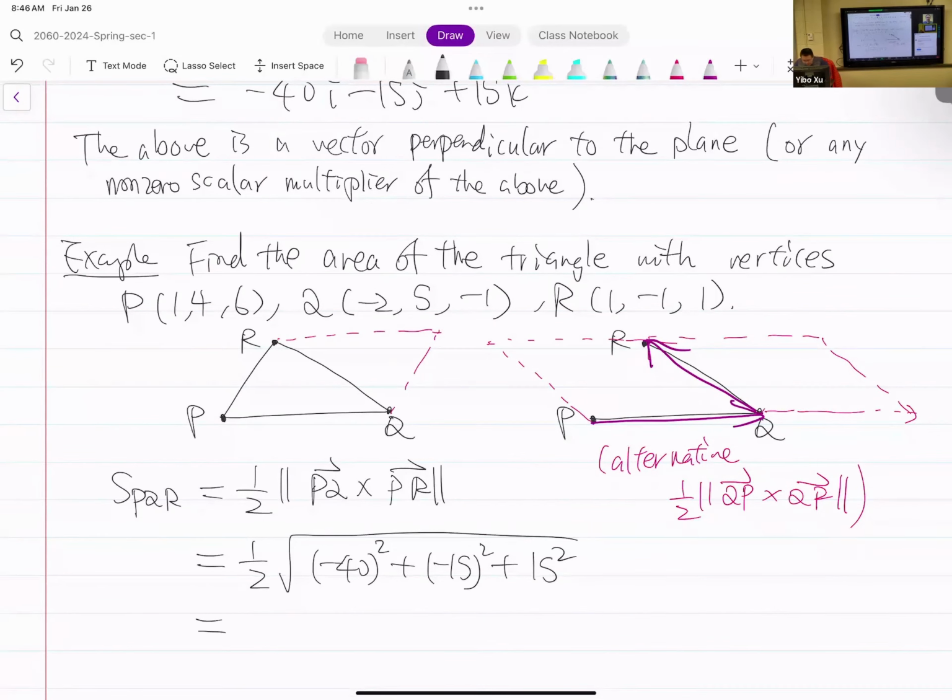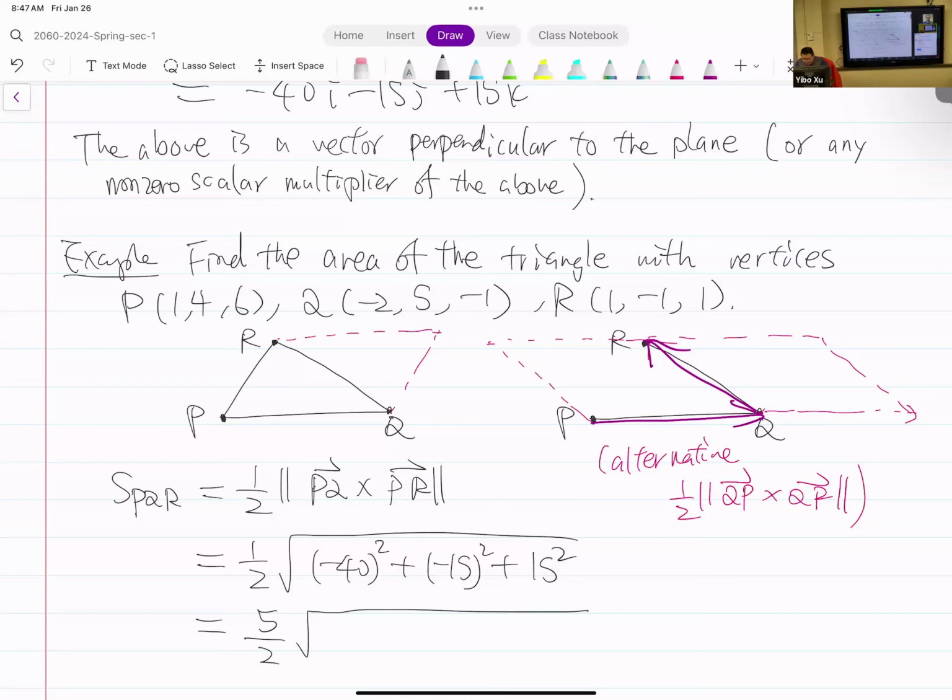So what we see from this calculation is that 40 is a multiple of 5, 15 is also a multiple of 5. So here we can drag a 5 outside the square root. Okay. So that means we're dividing by 5 squared at every entry.